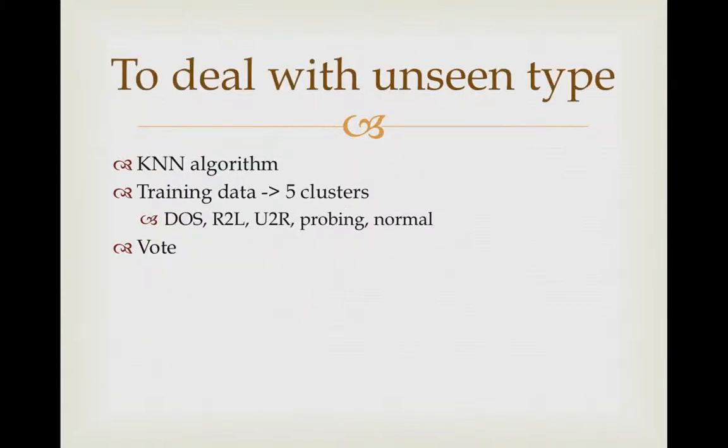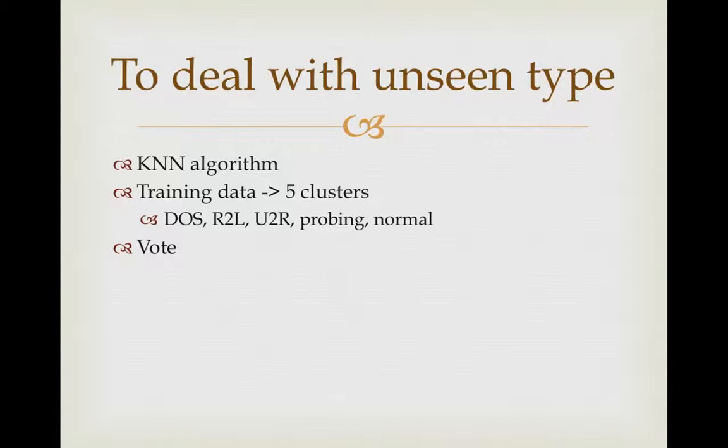Before we start to make further predictions, I have to deal with the unseen types. Since for those unseen types we don't know exactly which type they belong to, I think we can use the KNN algorithm to first divide the training data into 5 clusters: the 4 error types and the normal type.